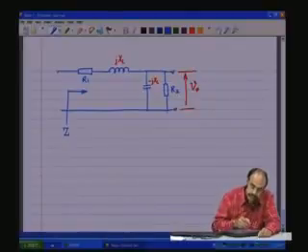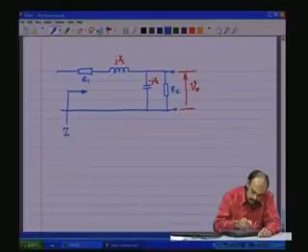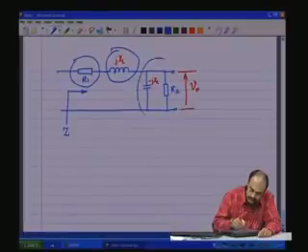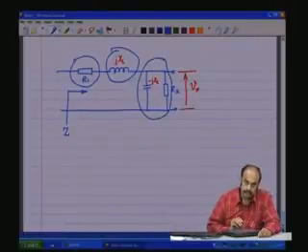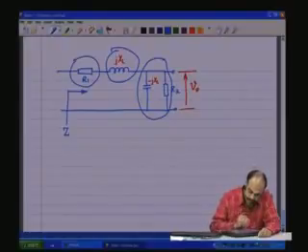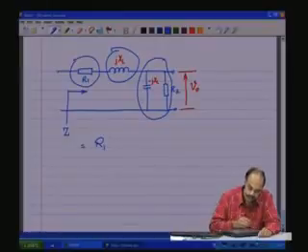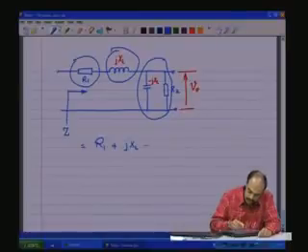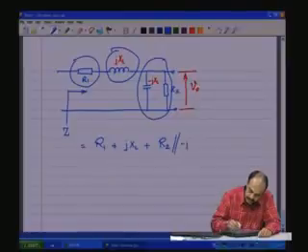So, it is nothing but this in series with this in series with these two together. So, which basically would mean R1 plus jXL plus R2 parallel minus jXC.